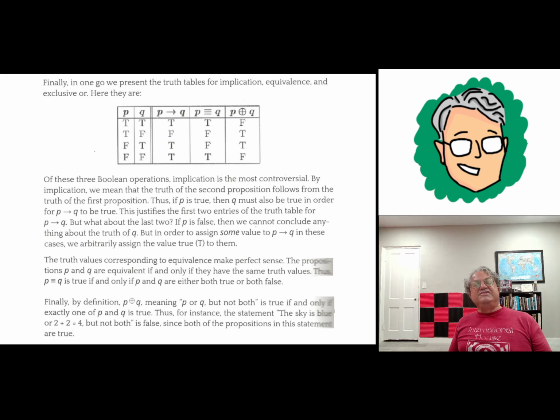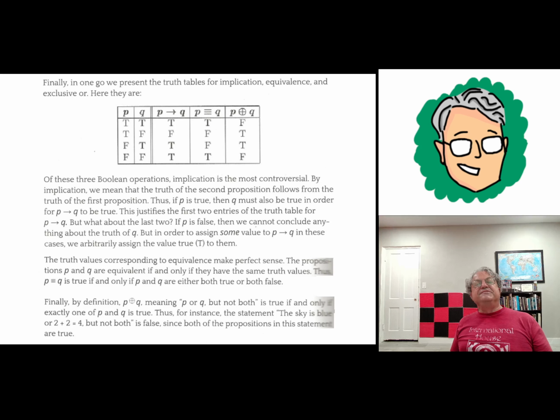And then the last one here is exclusive or. I think I talked about this one last time too. This is actually the opposite of double implication, or logical equivalence. Remember, the only way exclusive or is a little different from regular or is that it's P or Q, but not both.